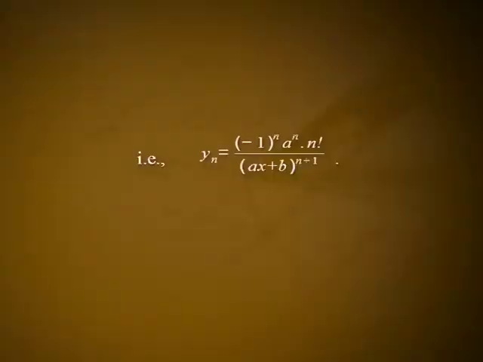Proceeding like this, we get yn is equal to minus 1 into minus 2 into minus 3 into etc. into minus n into a raised to n into ax plus b all raised to minus of n plus 1. That is, yn is equal to minus 1 raised to n, a raised to n into n factorial divided by ax plus b all raised to n plus 1.